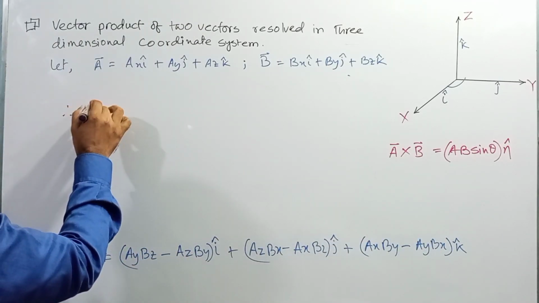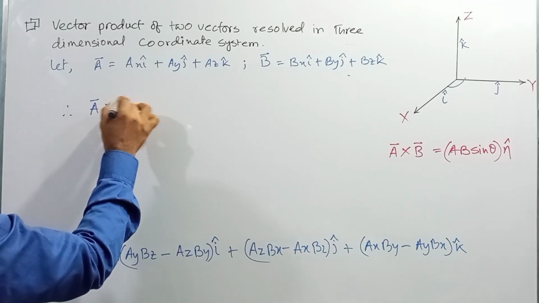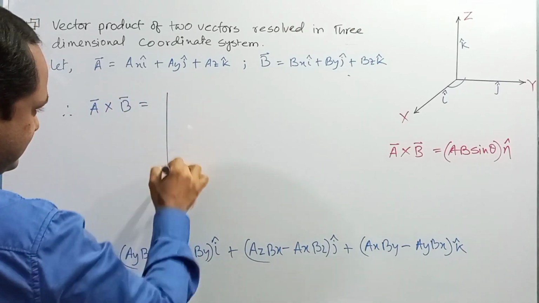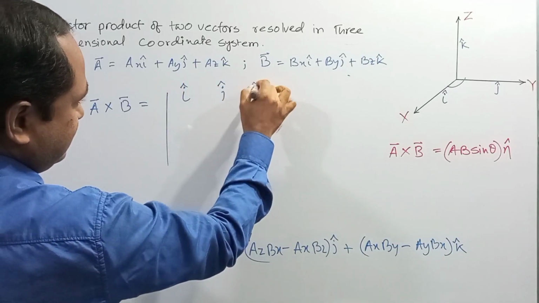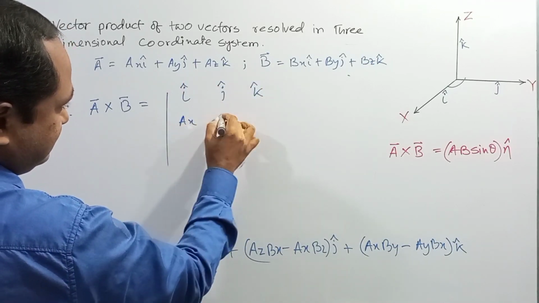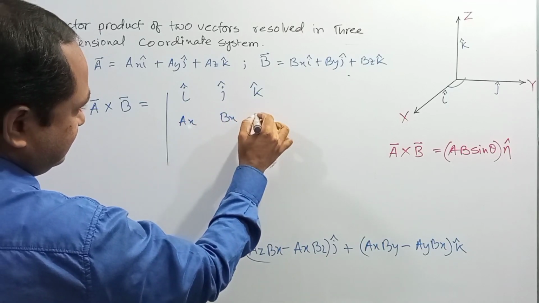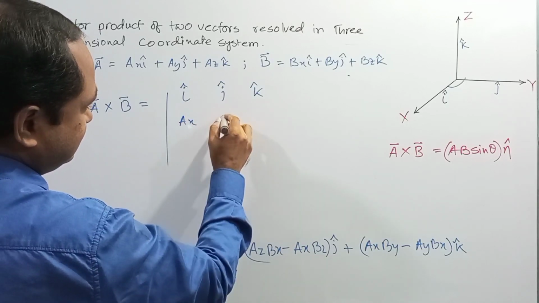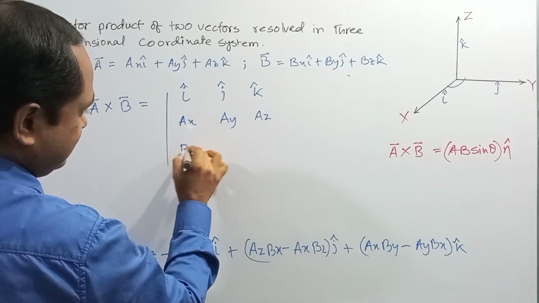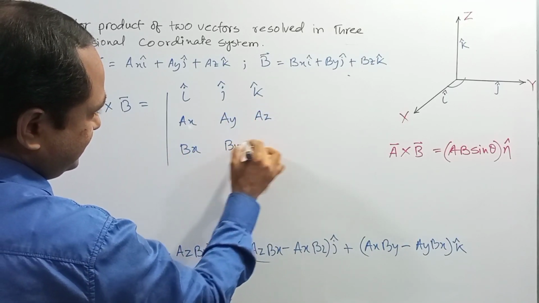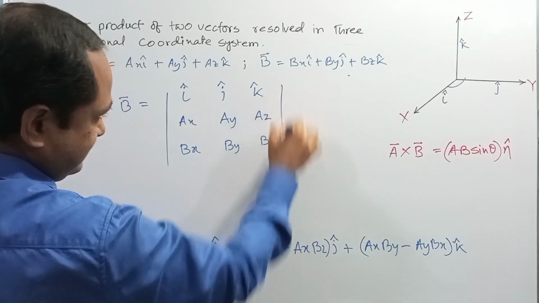That is, a cross b is equal to the determinant with rows i j k, ax ay az, bx by bz.